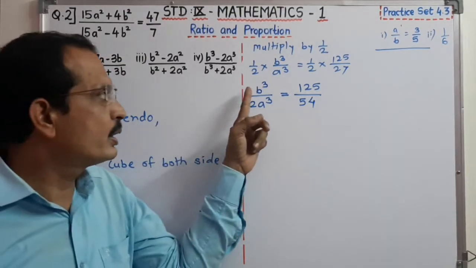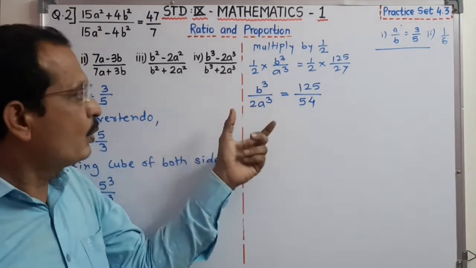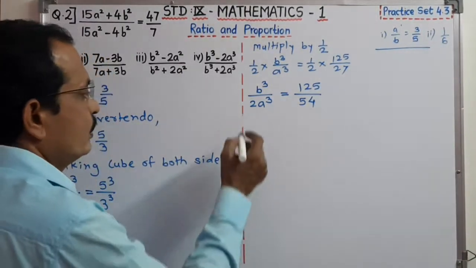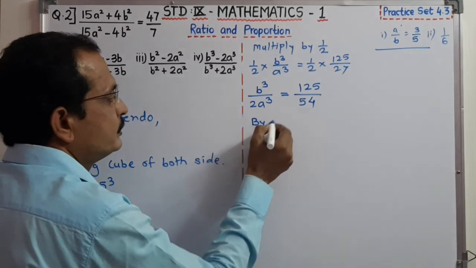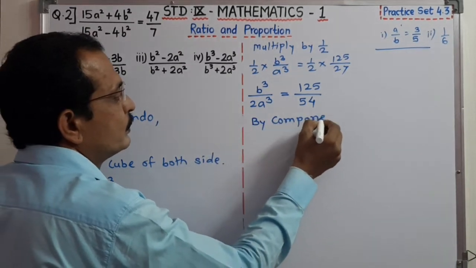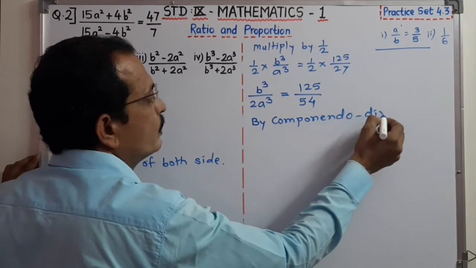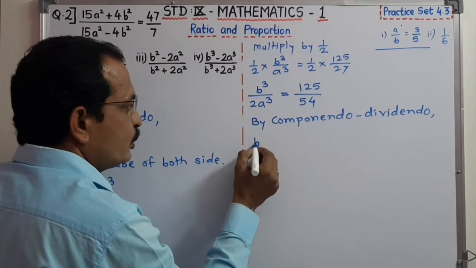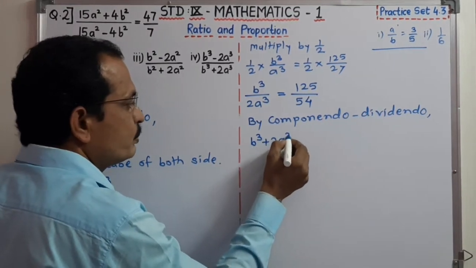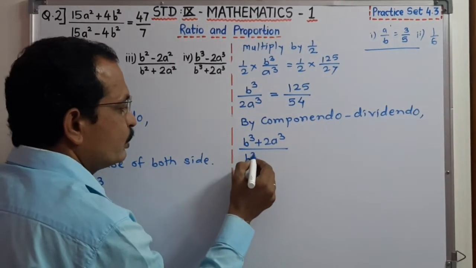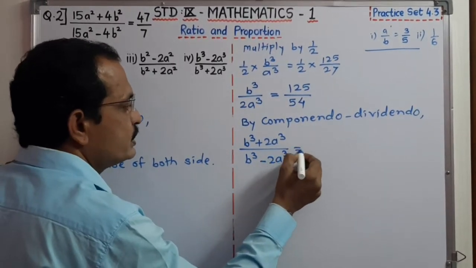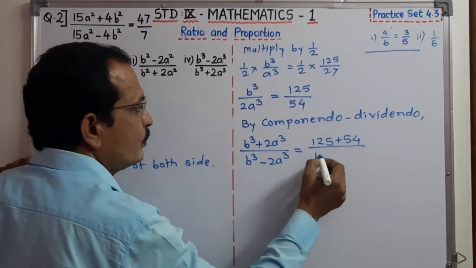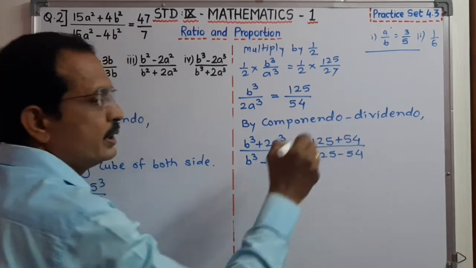Now, dear student, we got here b cube upon 2a cube. Now, we required, or we have to apply componendo dividendo. Therefore, dear student, by componendo dividendo, b cube plus 2a cube upon b cube minus 2a cube is equal to 125 plus 54 and 125 minus 54.